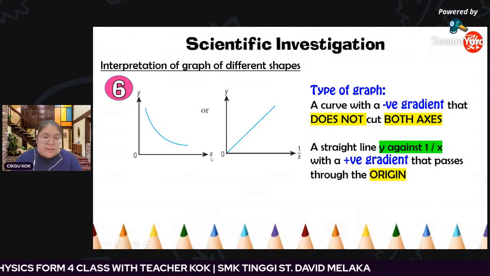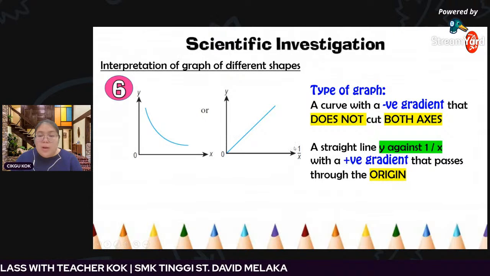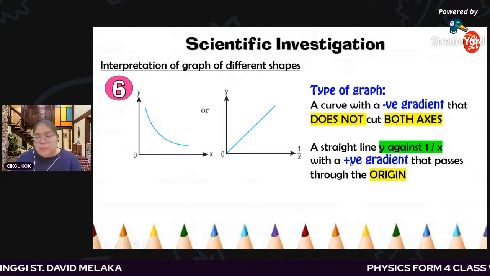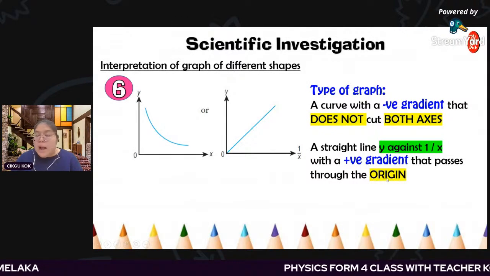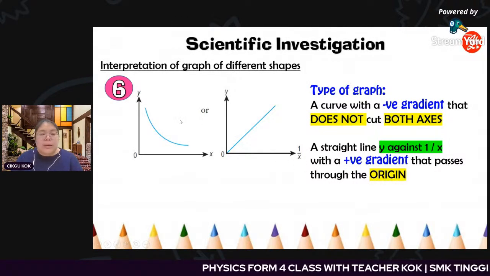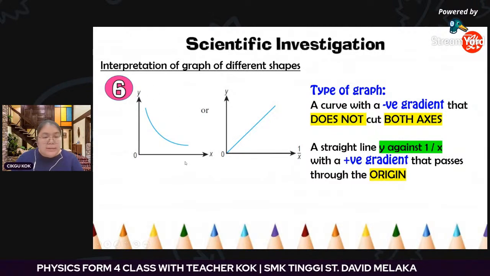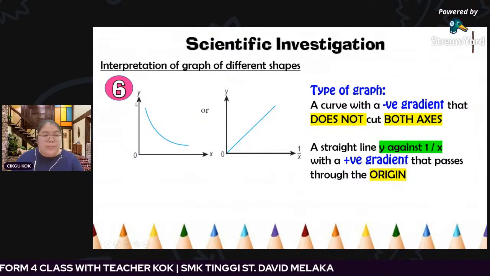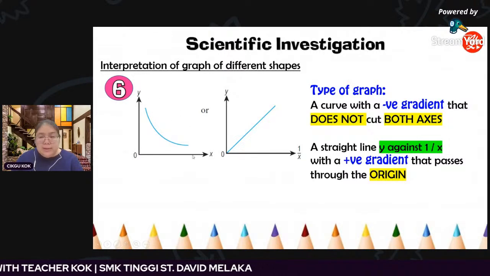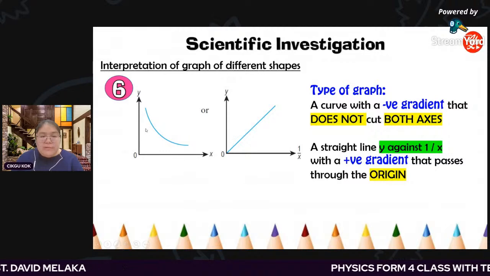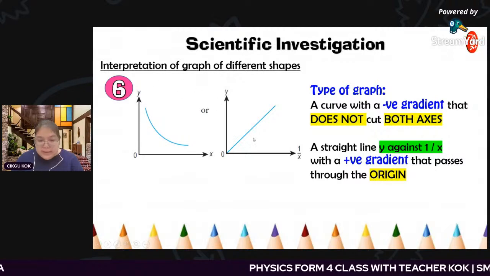This one is x, this one is 1 over x. If I draw the line like this, the gradient should be positive and also pass through the origin. So the message of this diagram is: when I see a graph like this, never cutting the y, never cutting the x, and with a negative gradient, we can transfer it to this graph.